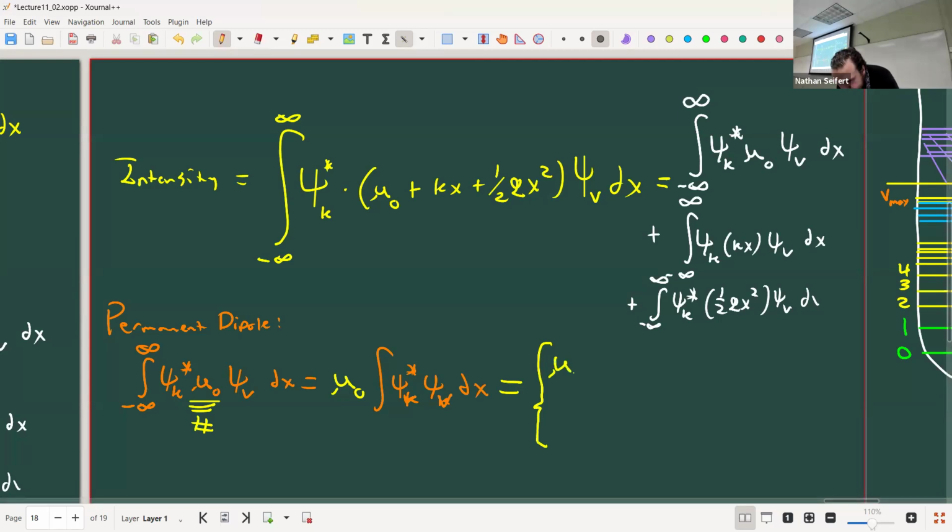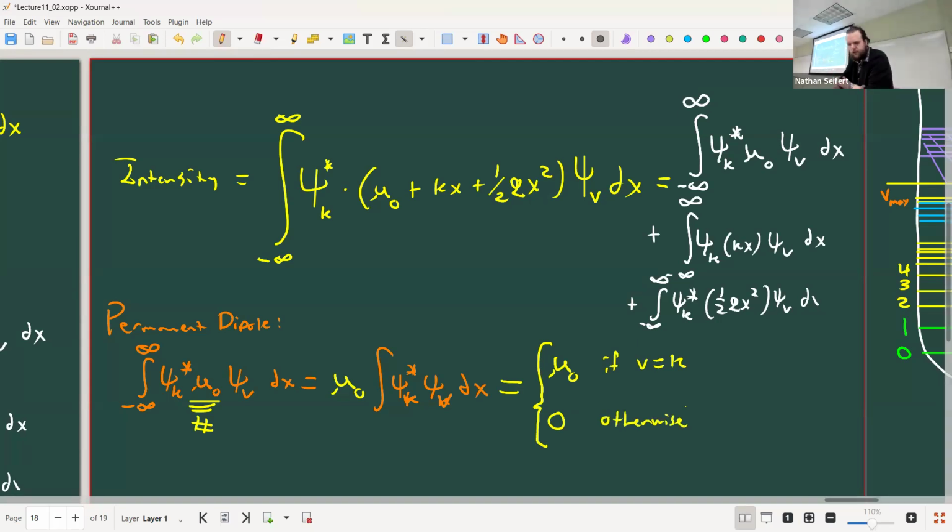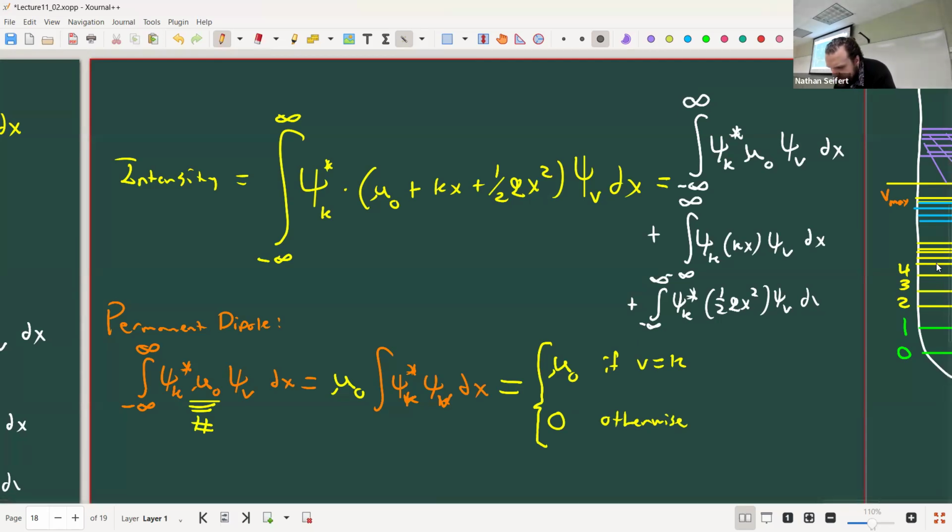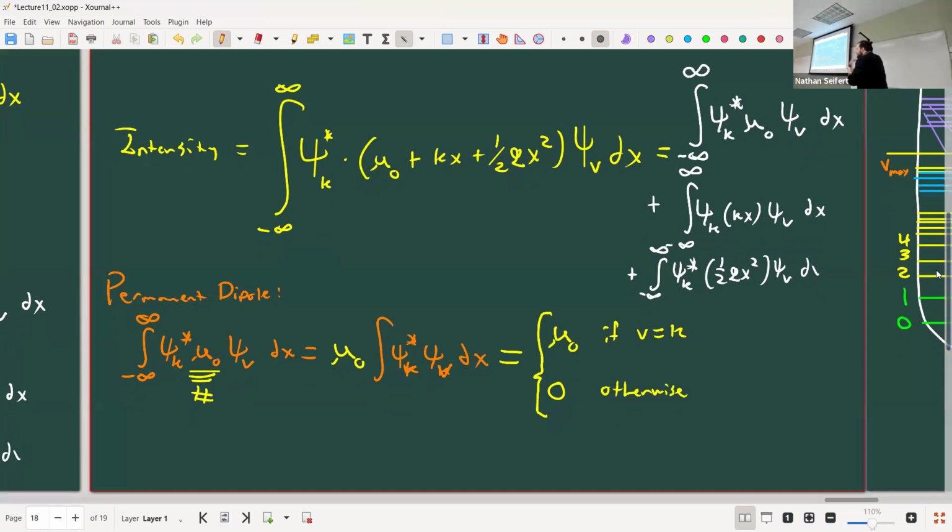So it's mu naught if v is equal to k and 0 otherwise. So what this means is that if this is a delta v equals 1 transition, such as if k is equal to v plus 1, we're just exciting by one level.